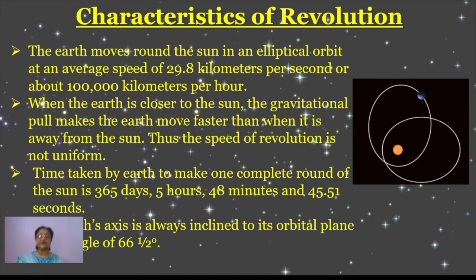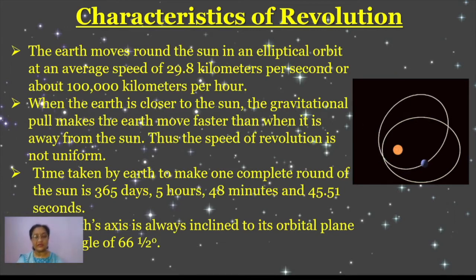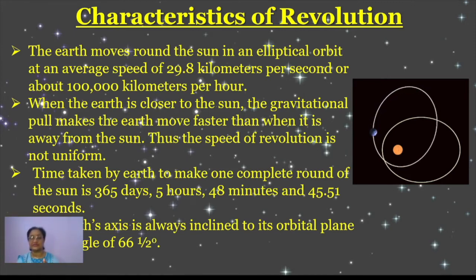Okay, so the speed of revolution is not uniform. Now, the time taken by earth to make one complete round around the sun, or to complete one revolution around the sun, is 365 days, 5 hours, 48 minutes and 45.51 seconds.